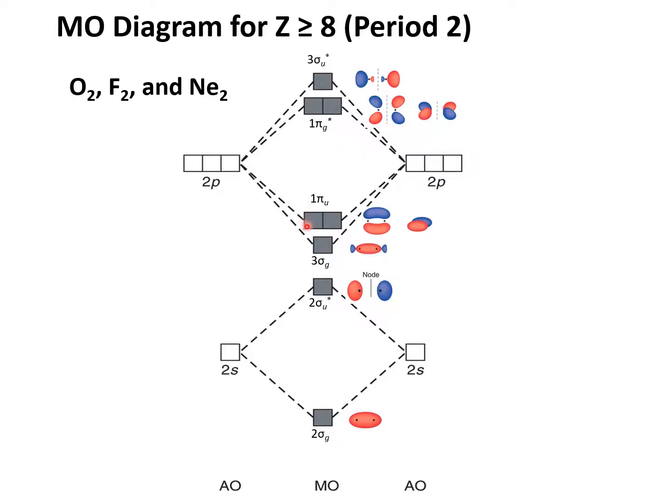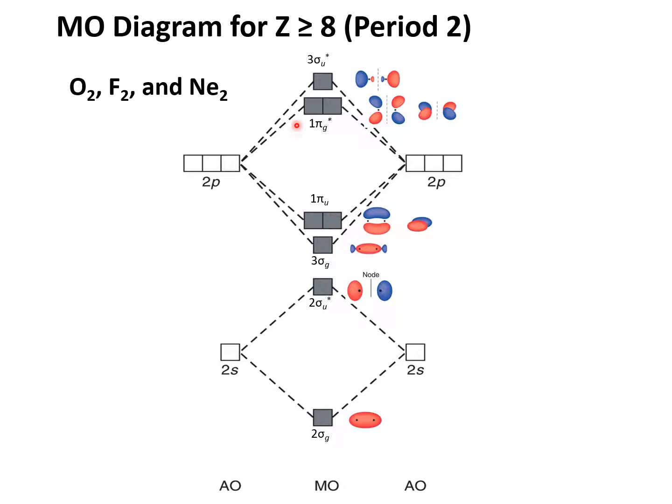You'll notice that the 1 pi u bonding MOs actually have 2 molecular orbitals that have the same energy, or in other words, are degenerate. The only difference between the two 1 pi u bonding molecular orbitals is that they are rotated 90 degrees with respect to each other.